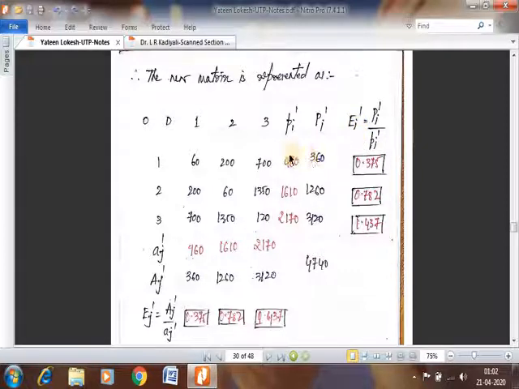So ratio of 360 and 960 is 0.375. Ratio of 1260 and 1610 is 0.782. Similarly 1.437 and so on, even here.